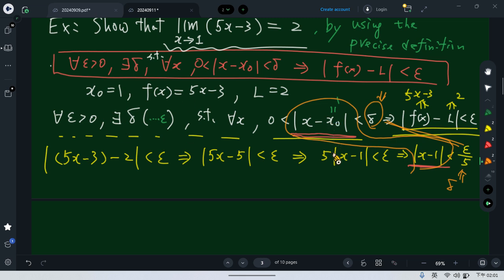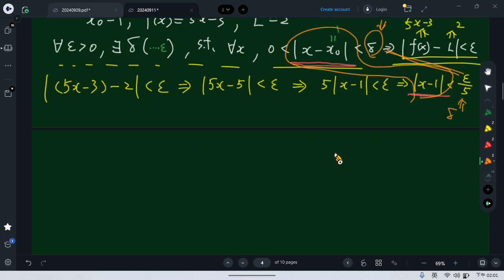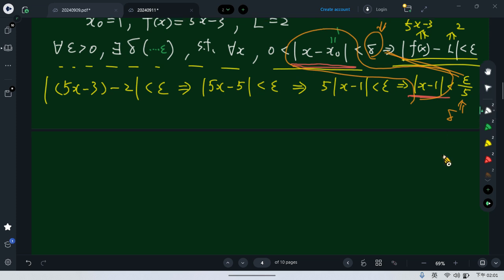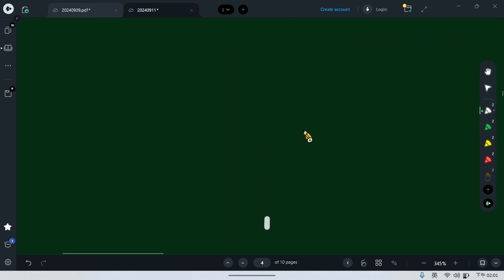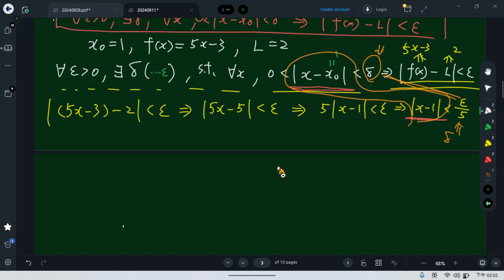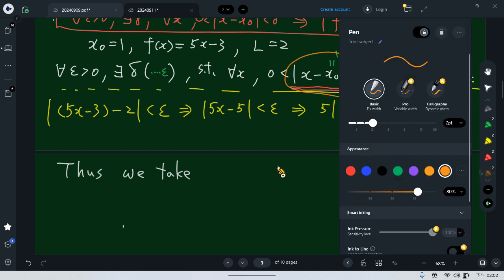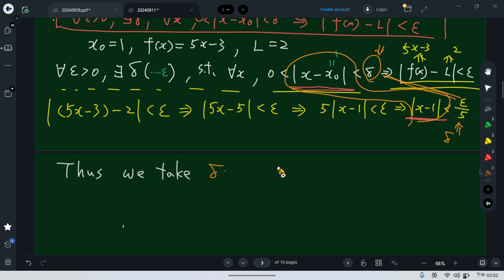Based on this result, we choose, thus we can take, delta to be epsilon over 5.